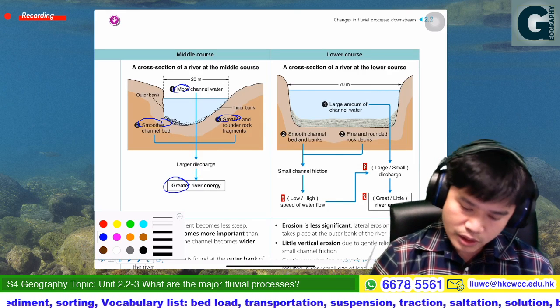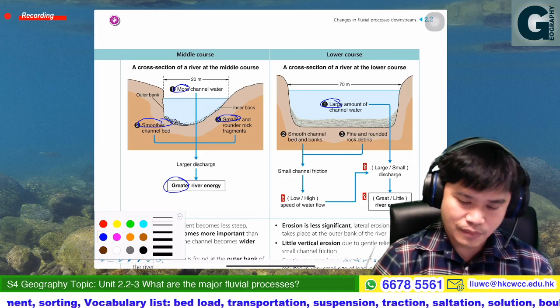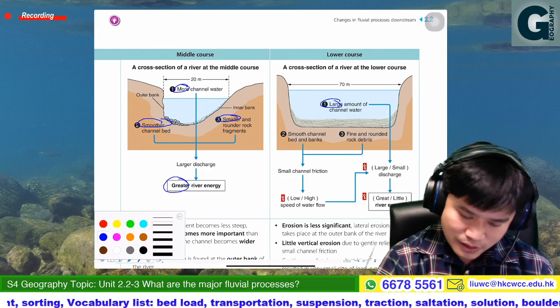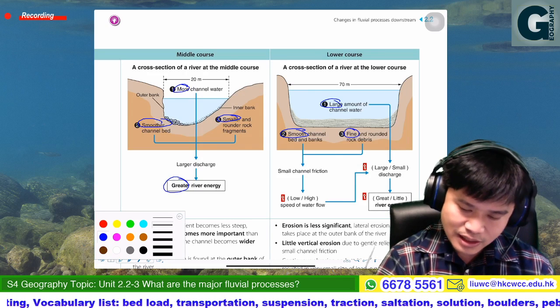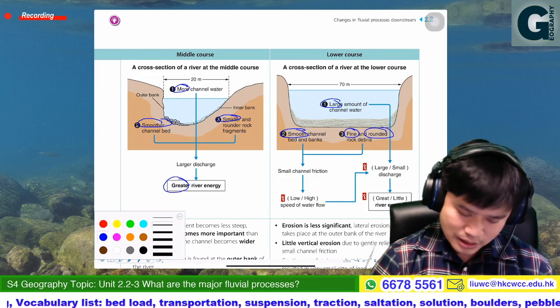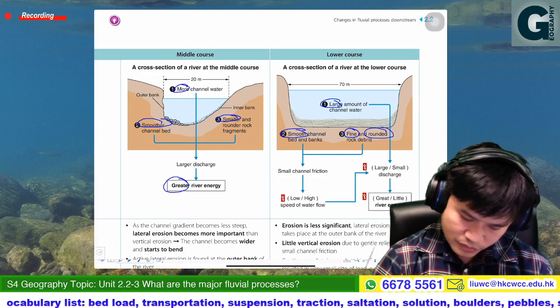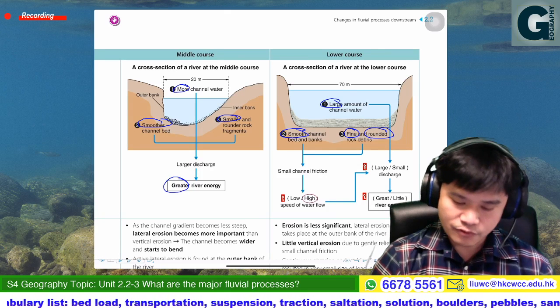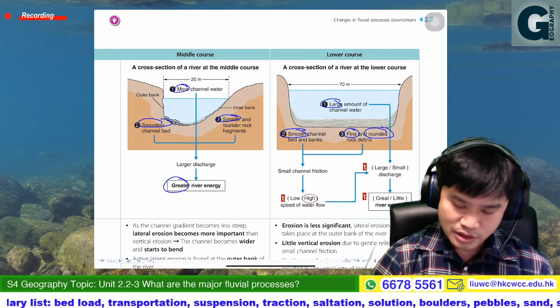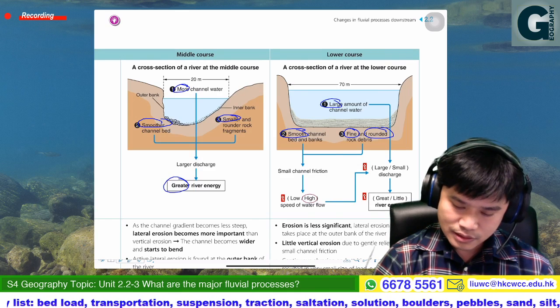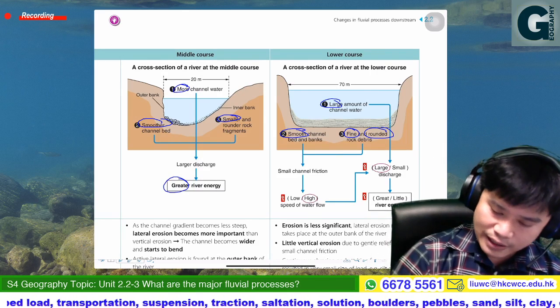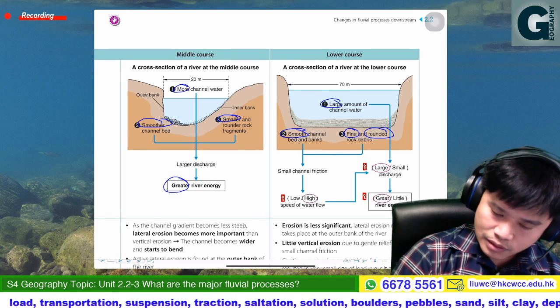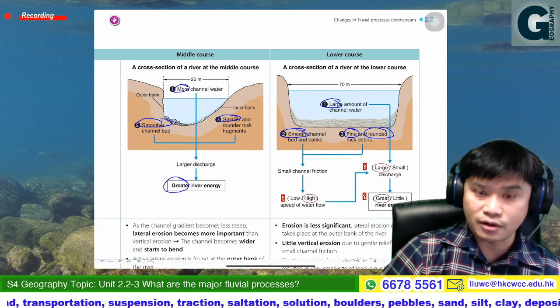But for lower course, as there is a large amount of channel water, smooth channel bed and banks, and fine and rounded rock debris, therefore the speed of river flow in the lower course would be very high. Then the discharge would be large, and therefore the river energy would be great.